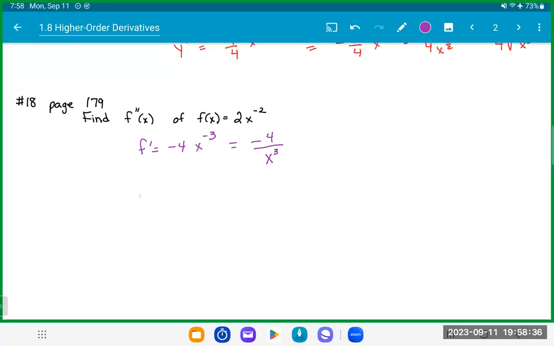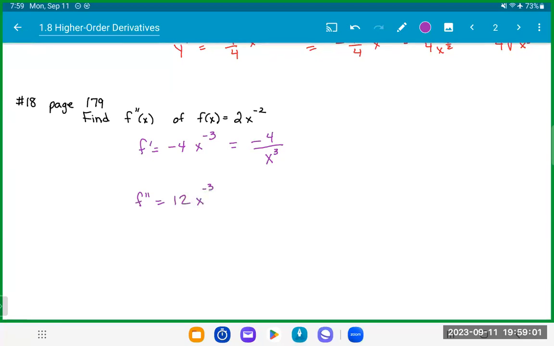Okay. When we take the second derivative, we'll go ahead and do it off of this one here where it's up in the numerator, because if we do it off of here, you'll get the exact same answer, but you'll have to use the quotient rule, which takes quite a few more steps than just doing the product rule. So we'll have negative 4 times negative 3, which is positive 12.